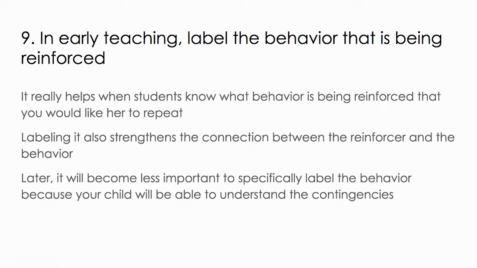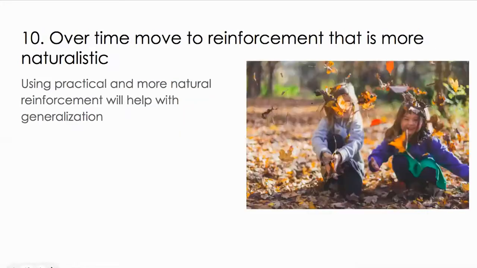So let's just say your target behavior is raising their hand, you can literally label and say, wow, thank you, Megan, for raising your hand. Appreciate you raising your hand before you talk. That type of thing. That's really what labeling is. And again, it's not forever, but it is just really making sure the student knows what the target behavior is and what they're actually getting reinforced for.